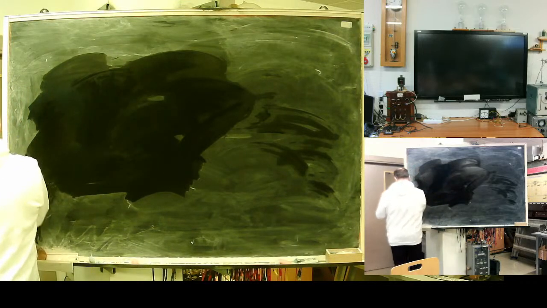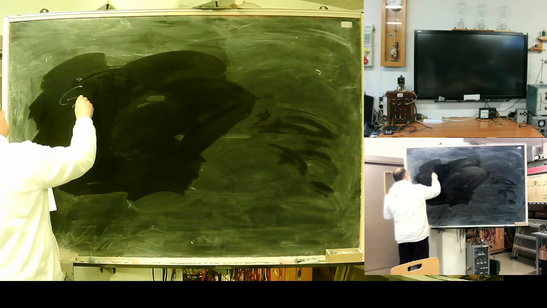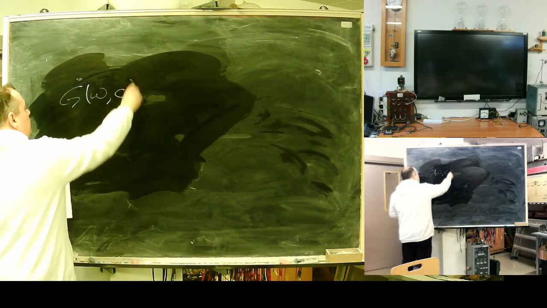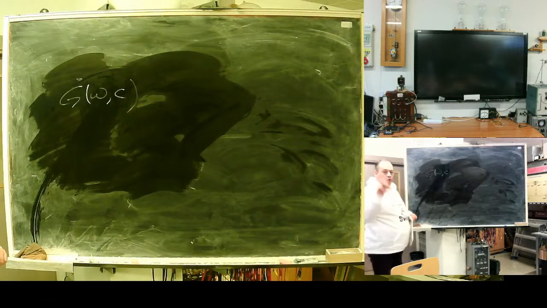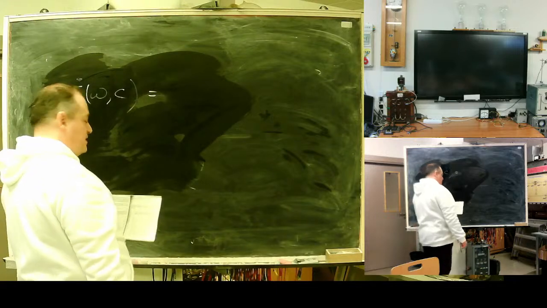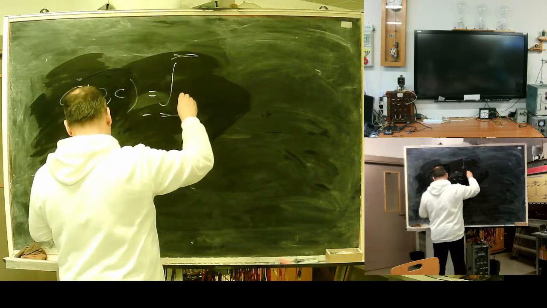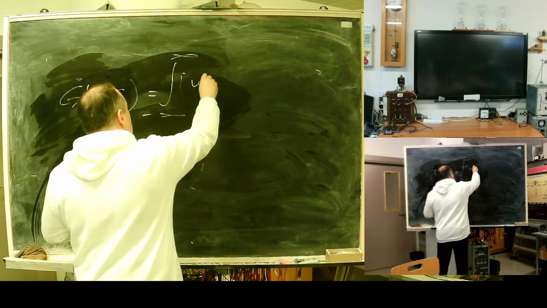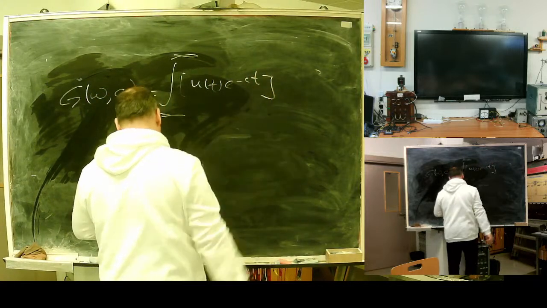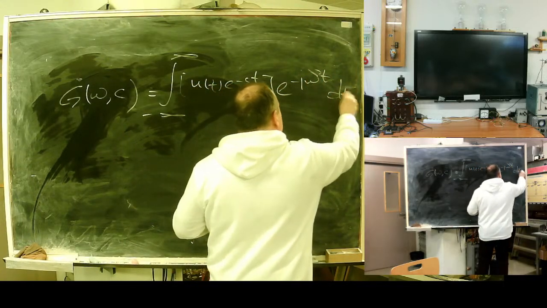Now, what will we get? We will see an interesting kind of spectral function. It will in reality be a function of two variables, frequency and the selected constant, integrated from minus infinity to infinity of e to the power minus ct times e to the power minus j omega t dt.